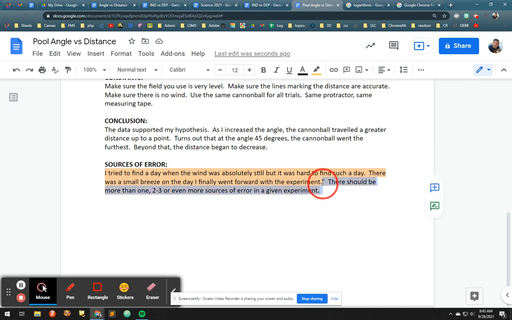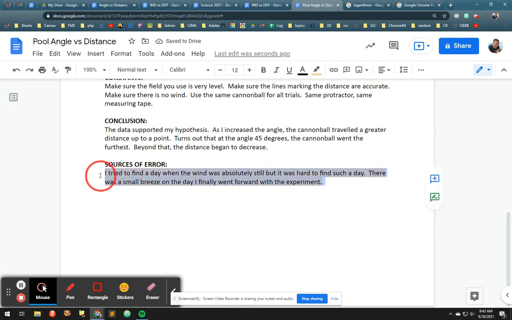And we want to mention 2 or 3 different things that went wrong with the experiment. And this is a simulation, of course, but I told you to imagine that we were actually doing it in real life. You could say, turns out there were a few low spots on the field.